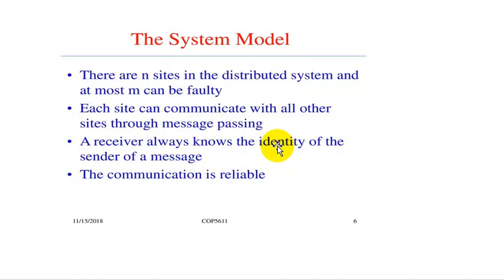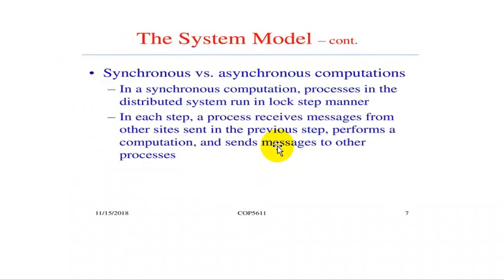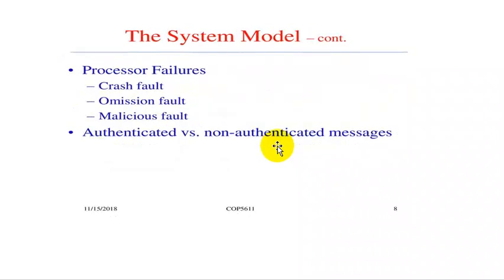In synchronous computation, processes run in lockstep, receiving messages from the previous step, computing, and sending new messages. When handling processor failures, we consider crash faults, omission faults, and malicious faults, alongside authenticated versus non-authenticated messages.